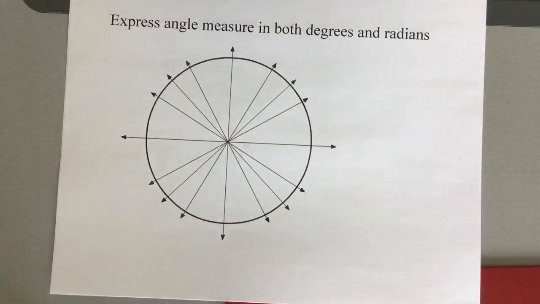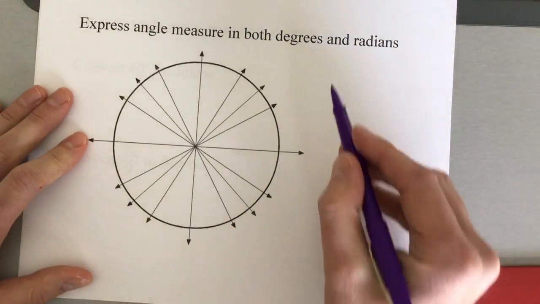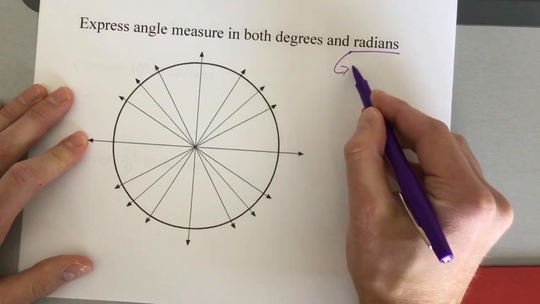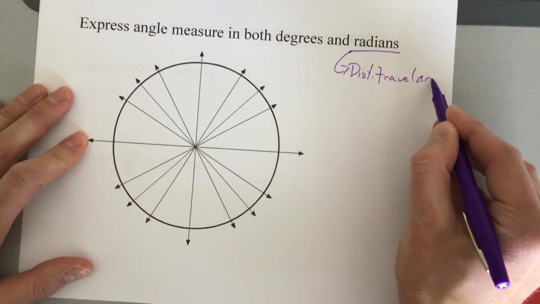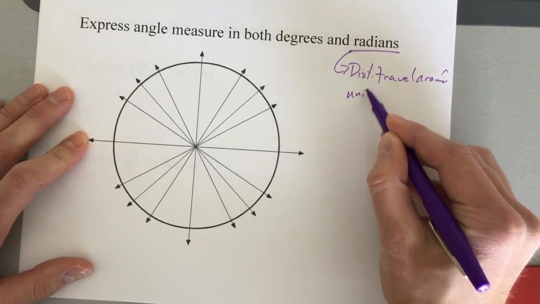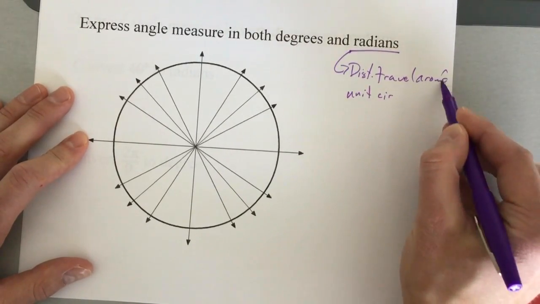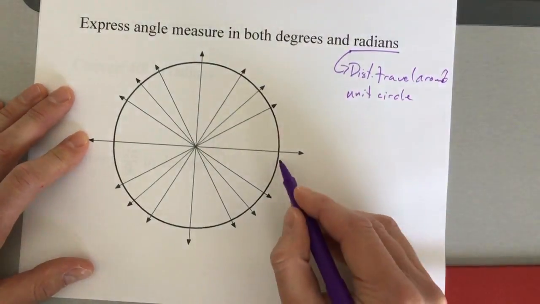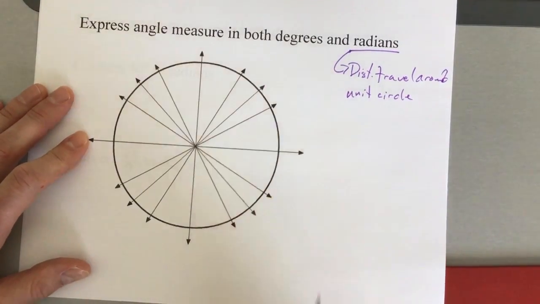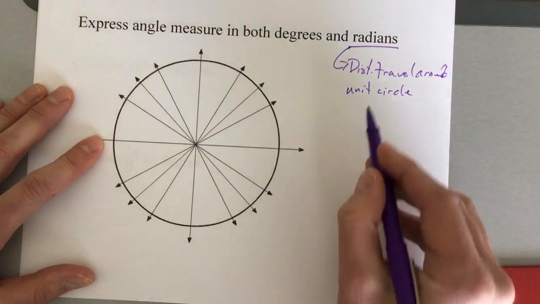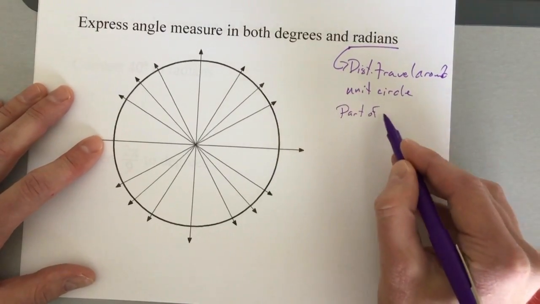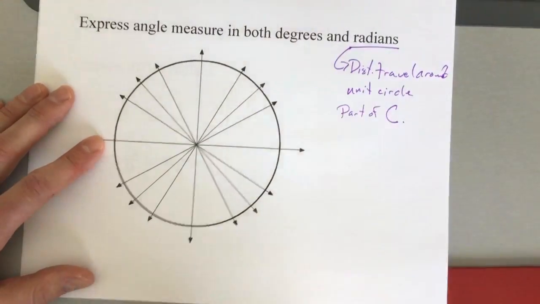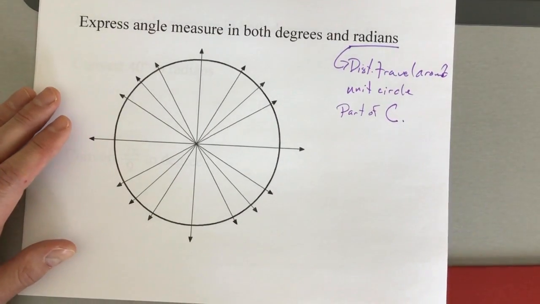So first I'll remind you that radian measure is the distance traveled around the unit circle. And the unit circle is that circle whose radius is 1 unit in length. Think of the distance traveled around that unit circle as a part of the circumference of a circle whose radius is 1.